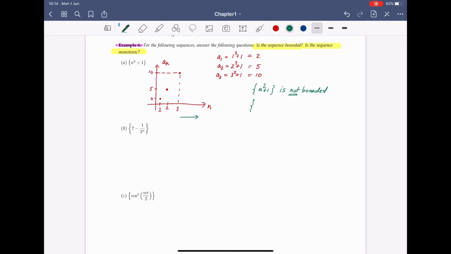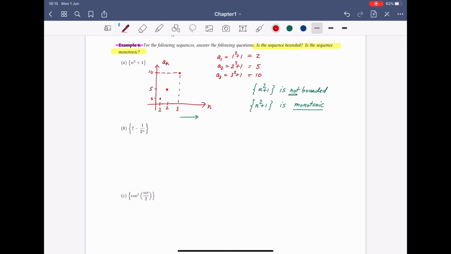Another question: is it monotonic? We say that n squared plus 1 is monotonic, because clearly this sequence is increasing, so it must be monotonic. This matches your intuition, because monotonic means monotone. Increasing means monotone, because it just keeps going in one direction.